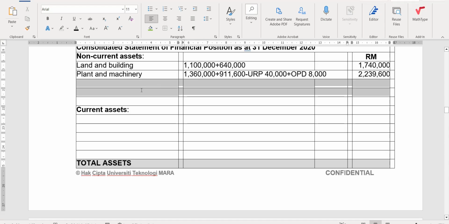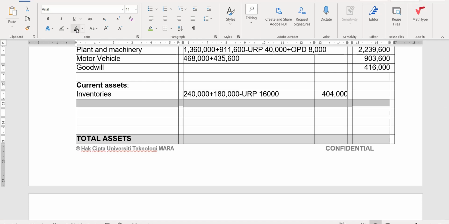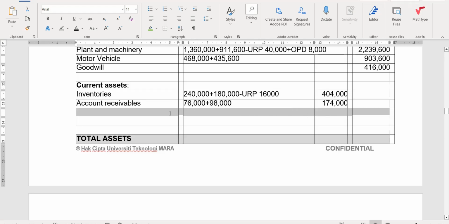Next, you will have items for motor vehicle, no adjustment. Goodwill, you show here only the unimpaired amount. Then the figure here would be the figure that is in the current asset. Remember to classify them. Adjust for the unrealized profit for the inventories. Account receivable, there is no adjustment done for any intercompany balances of trade payable or trade receivable because that is not relevant here.